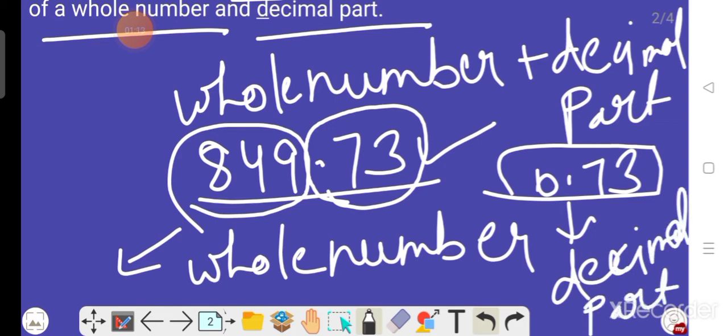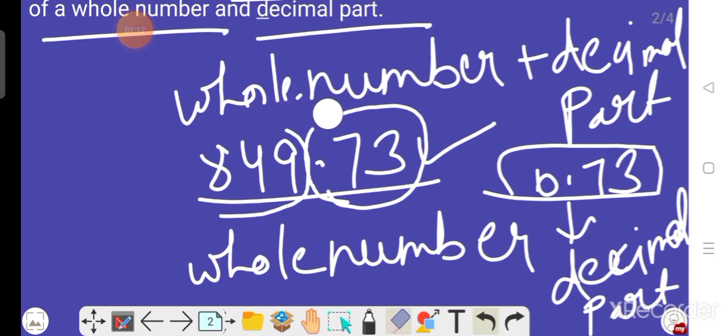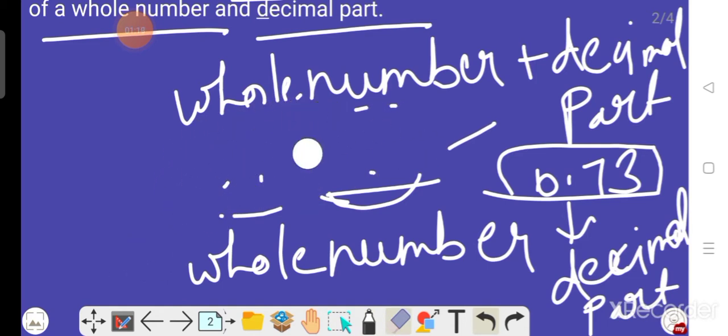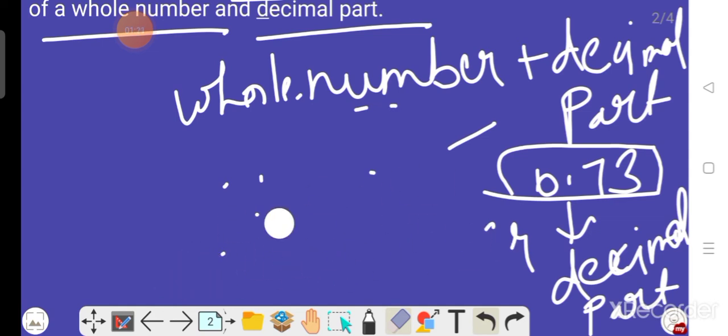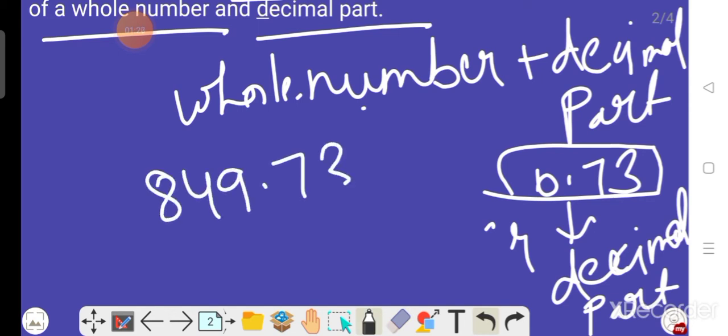Okay, and now we will learn how we can read a given decimal number. For example, if we have this decimal number 849.73, to read the decimal number we read the whole number as the total sum. For example, this is 849, we will read this total as 849.